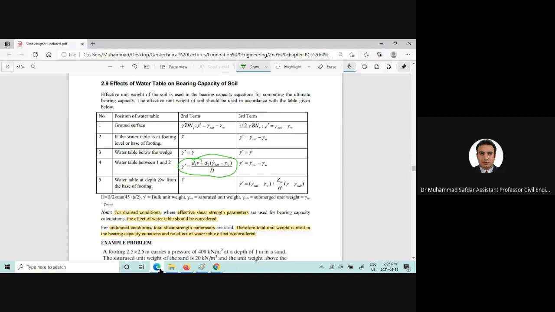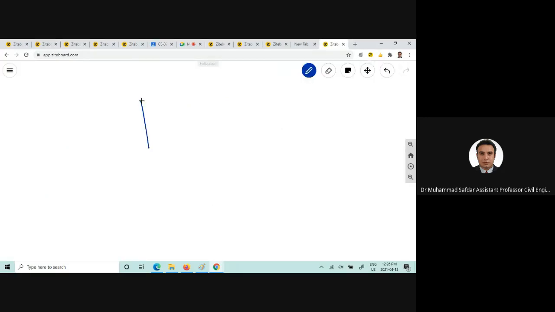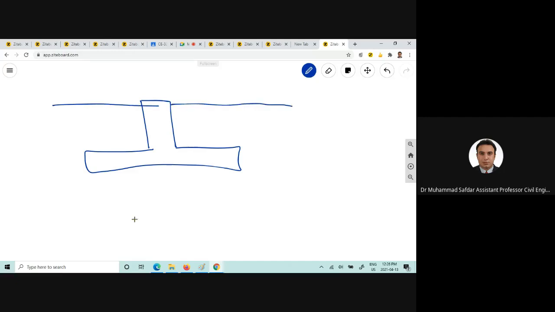Now in case 5, let me take a new board here. For example, we are given a foundation. This is the ground level somewhere here, and I would draw this as well. So the water is somewhere in between. This is case 5.